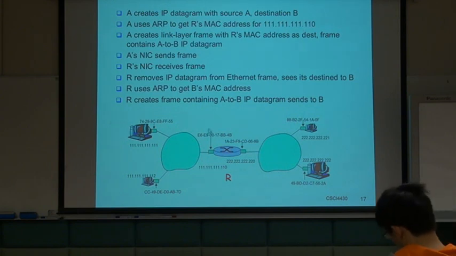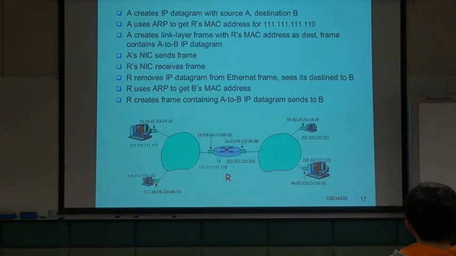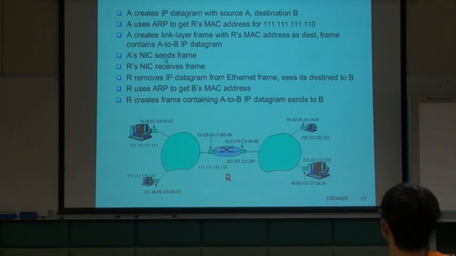Now R will reply with the ARP reply. So in this case, A will create a link layer frame with R's MAC address as the destination, and send the frame to the default gateway through the link layer. So A's NIC will send the frame, and R's NIC will receive the frame. These two parts are done in the link layer.